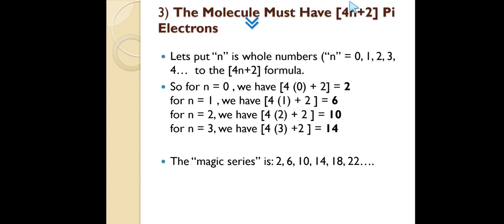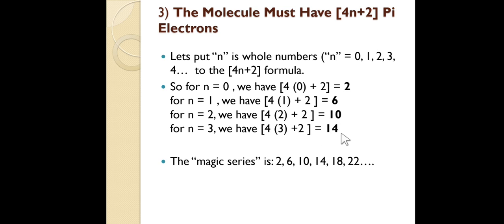Now if we know the n, we can calculate the number of pi electrons. So let's put n equal to 0. So 4 into 0 is 0, plus 2 is 2. So 2 pi electrons. Again, if we put n as 1, then it's 4 into 1, 4, plus 2, 6. That means 6 pi electrons. If we put 2, then it will be 10 pi electrons.